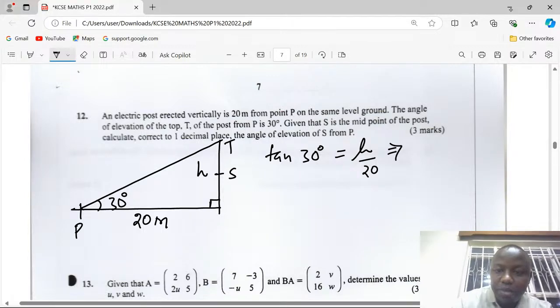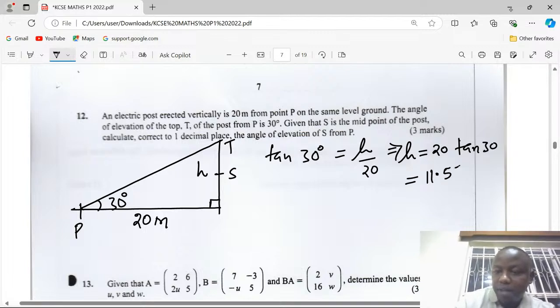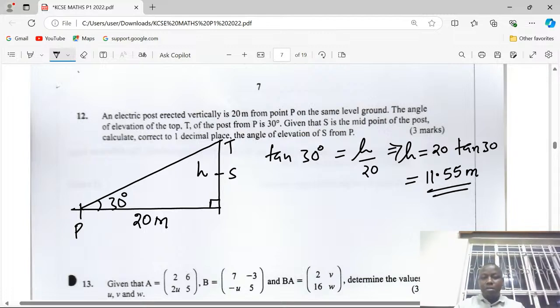This means to remain with h, we need 20 tan 30, and this is going to be exactly 11.55 meters.